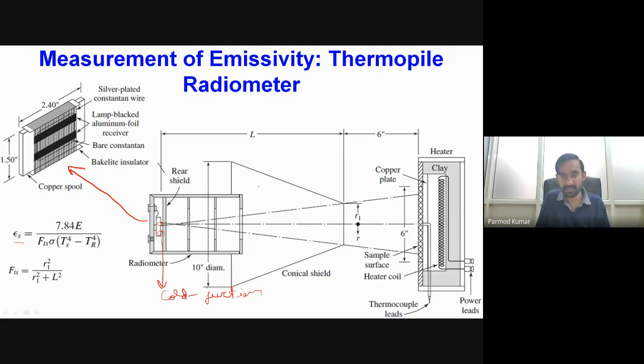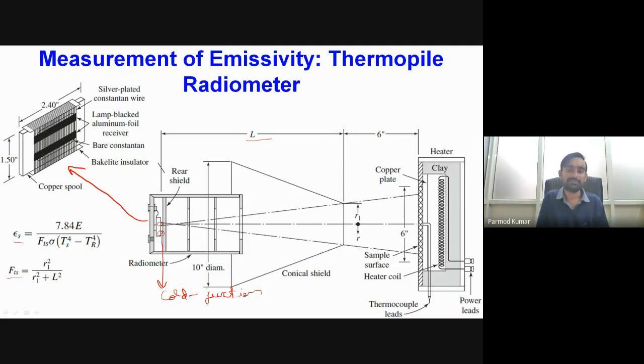Because we have different optics involved in this arrangement, some standard dimensions are also given over here: this length L and R1 as the radius. Depending upon these values, we determine the view factor from our sample to the thermopile. That view factor is equal to R1 square by R1 square plus L square.